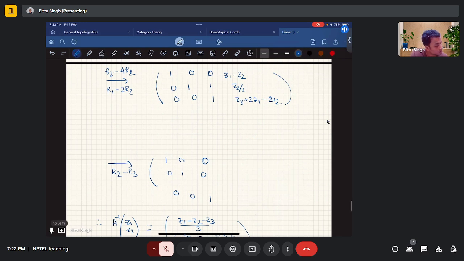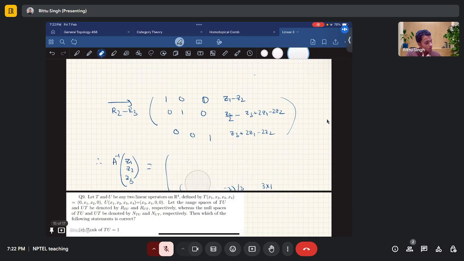So if we calculate R2 minus R3, so this is Z1 minus Z2, this remains unchanged. But after that, it is Z2 by 2 minus Z3 plus 2Z1 minus 2Z2. And this is Z3 plus 2Z1 minus Z2. Okay, so the answer should be like this.